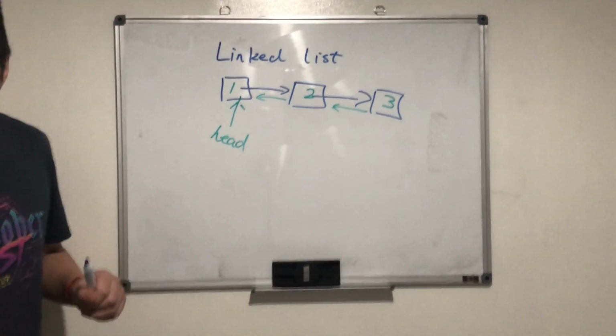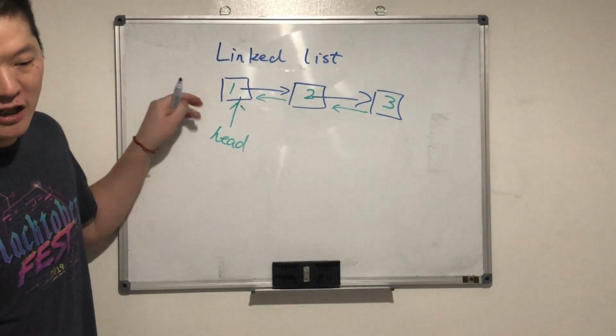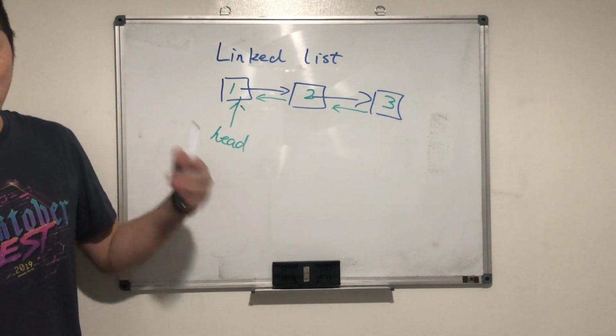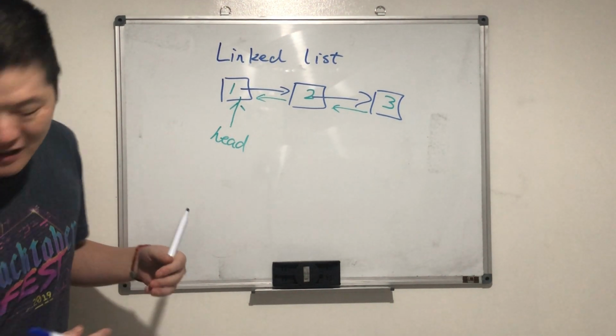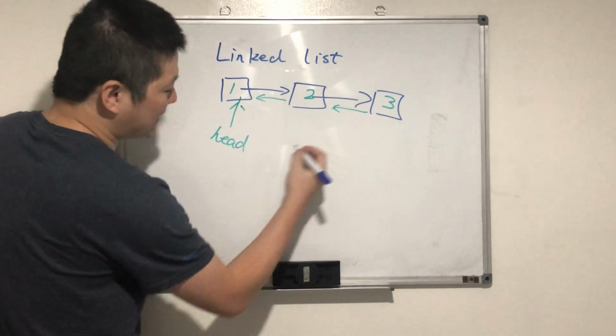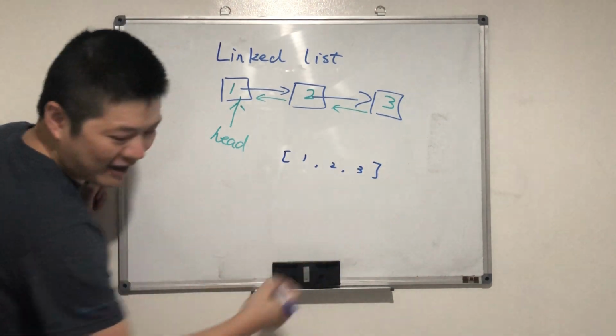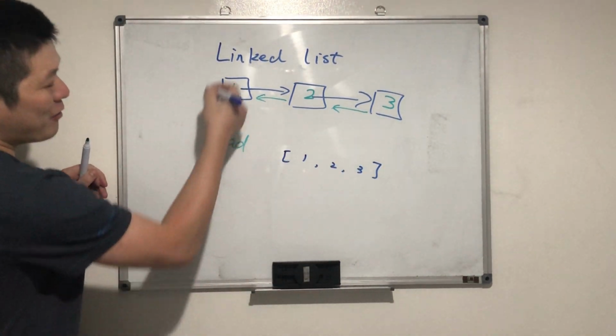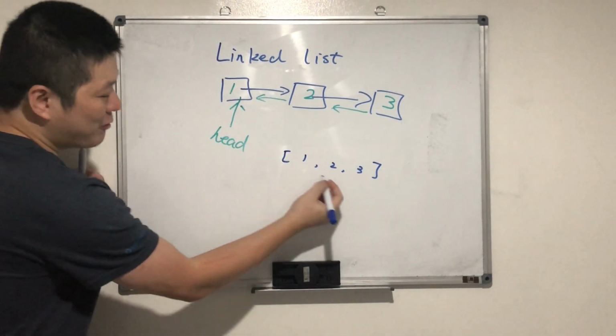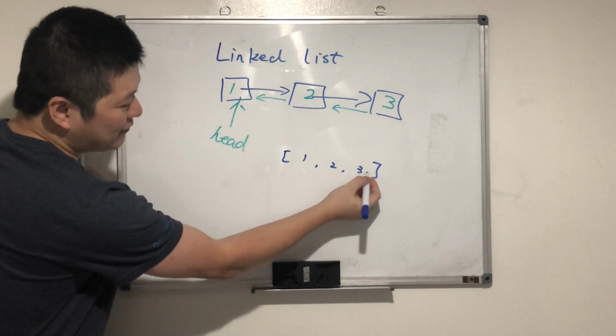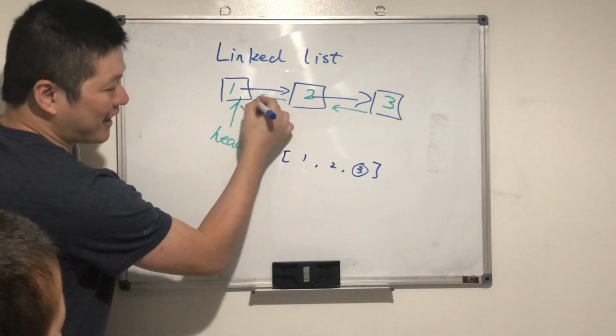Good job. When I said you're not allowed to change the values, if we were allowed to change the value, that would be easier, right? We can just follow the linked list and push the values 1, 2, 3 to an array, and then go through it one more time and assign the values in the other direction, 3, 2, 1.